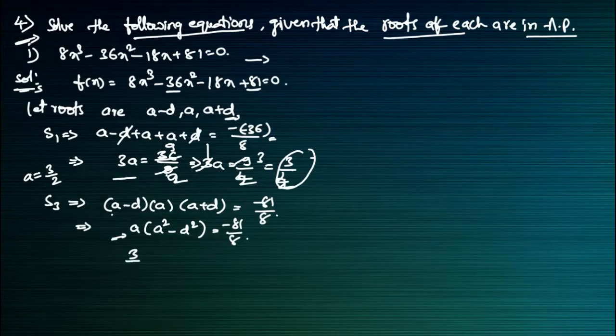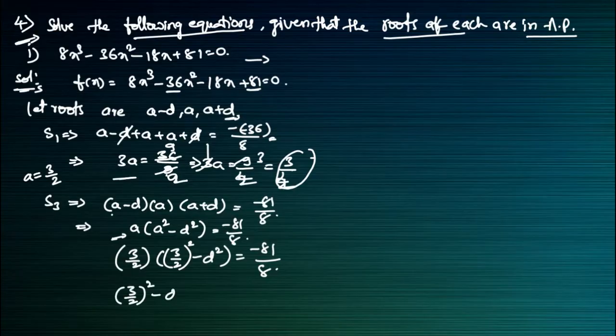So 3 by 2 into, a square means 3 by 2 whole square minus d square is equal to minus 81 by 8. So 3 by 2 goes there, and it will become the reciprocal, 2 by 3, here.